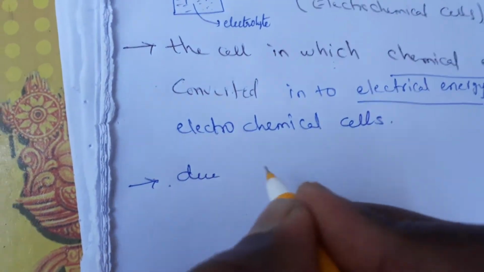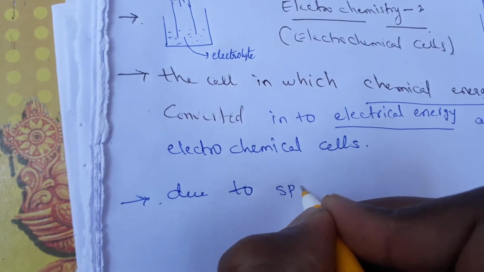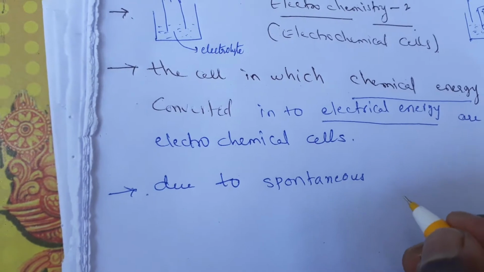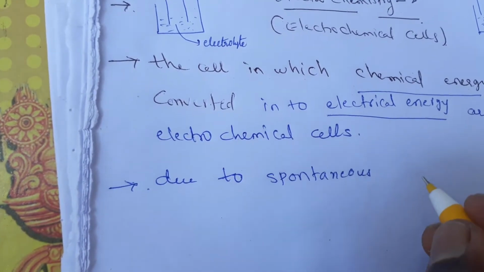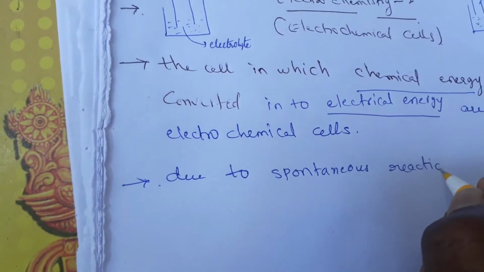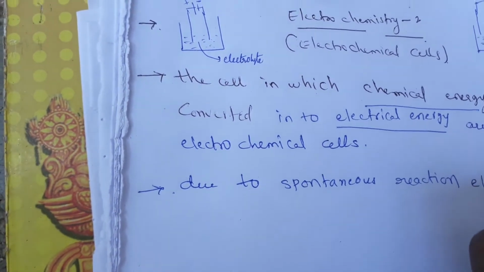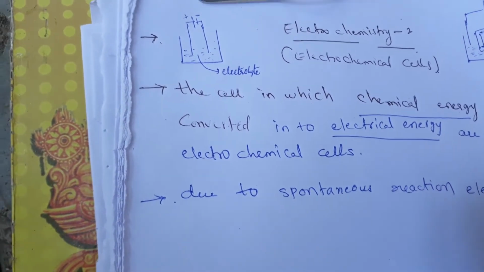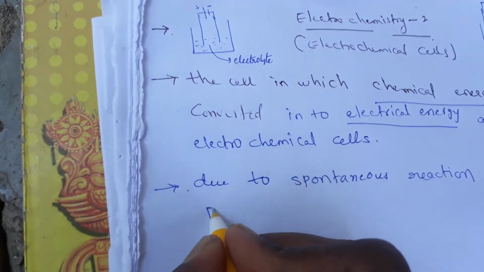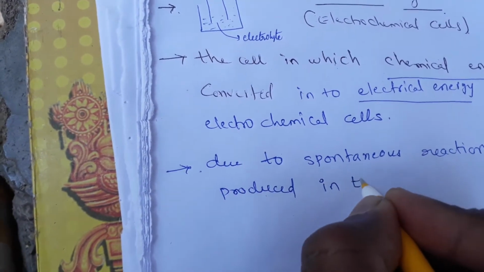Due to the spontaneous process. Spontaneous means, like water flows from high altitude to low altitude, spontaneous reactions take place. In this spontaneous reaction, electric current is produced in these cells.